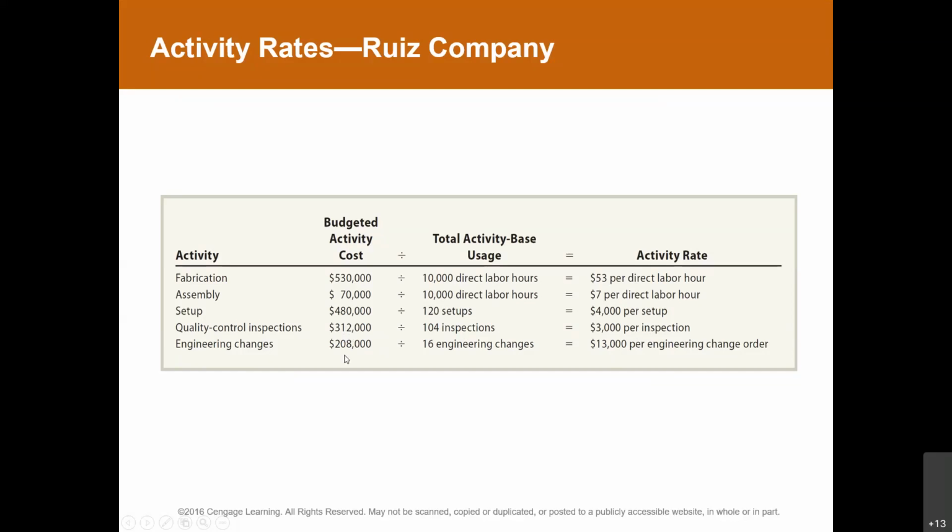And for engineering changes, we allocated $208,000 divided by 16 engineering changes total. That gets us to $13,000 per engineering change order. So again, the concept behind activity-based costing is it's very granular. We're allocating everything by activity instead of by department.